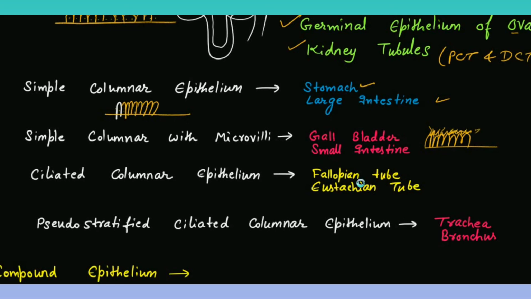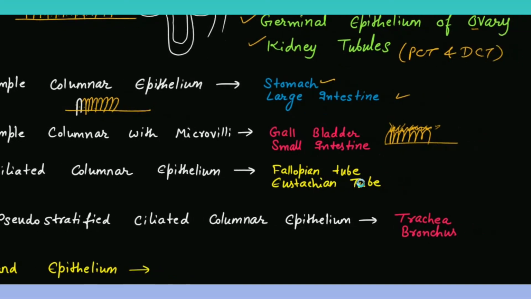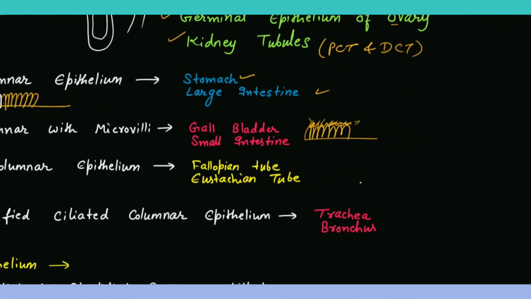So simple columnar with microvilli is found in the small intestine and gallbladder. In the gallbladder we need to store bile, and in the small intestine we need absorption. What do the microvilli do?